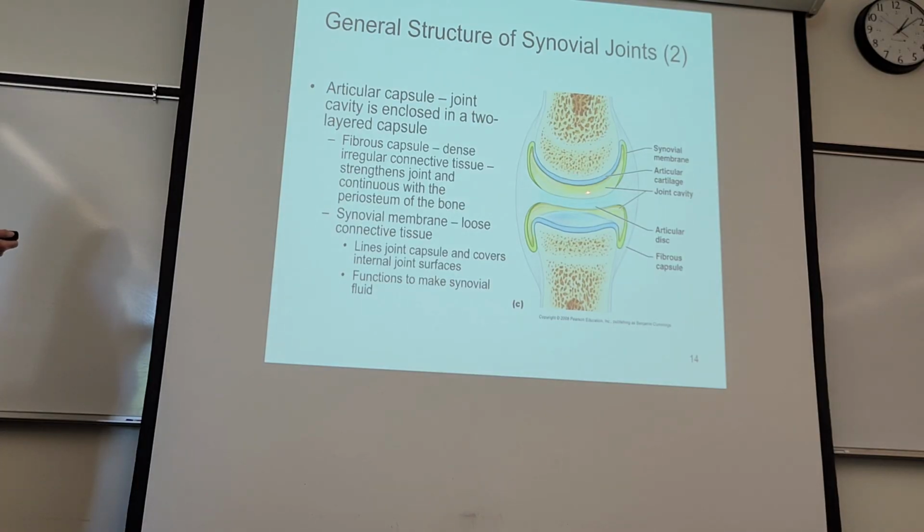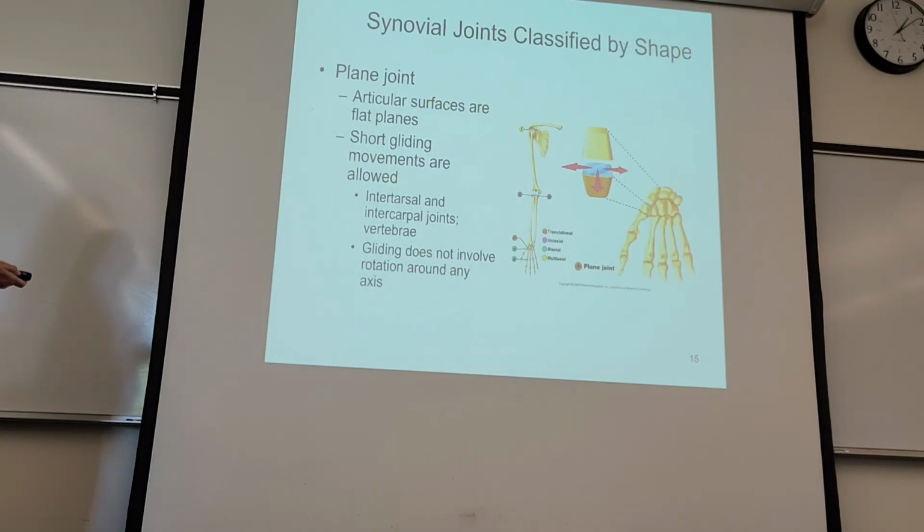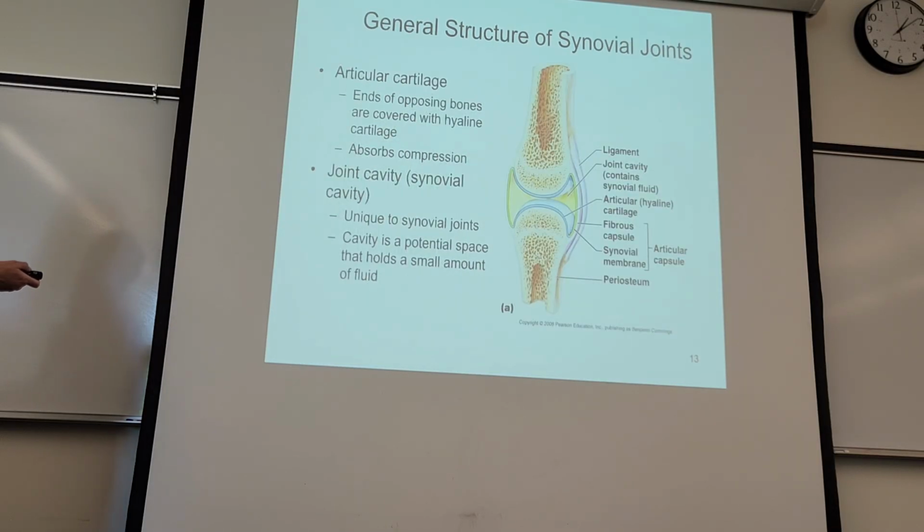And within the joint cavity, on the next page is actually better, we have what's called a synovial membrane. So on the previous slide, the synovial membrane is the deepest layer of the articular capsule. I like this picture because it breaks it down.